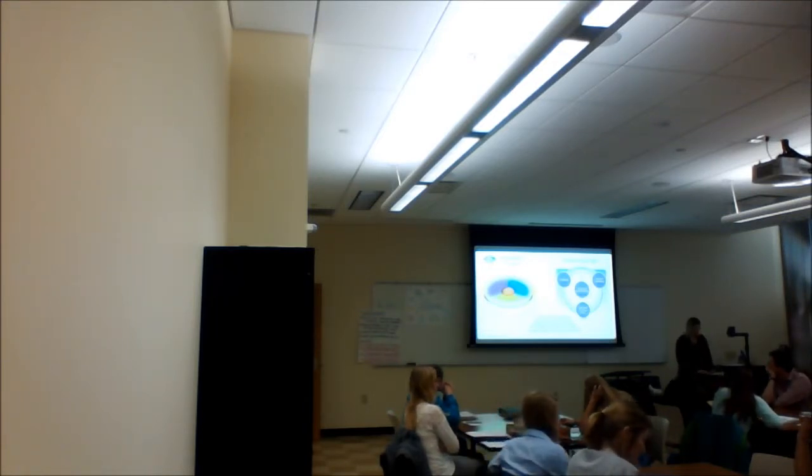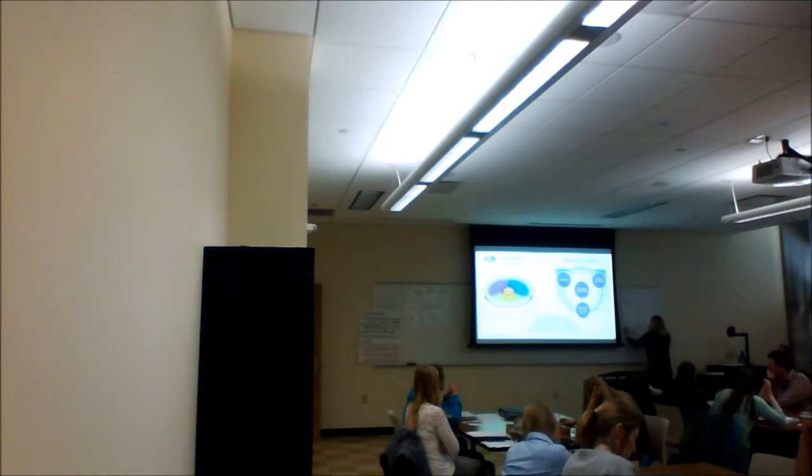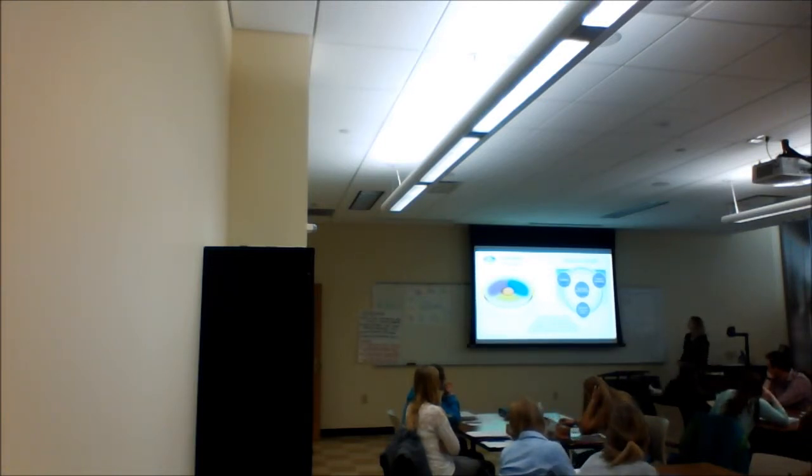I just wanted to touch quickly on differentiated instruction of Tier 1, linking back to our presentation from last week. So just as a refresher, differentiated instruction offers alternative ways to get information across.